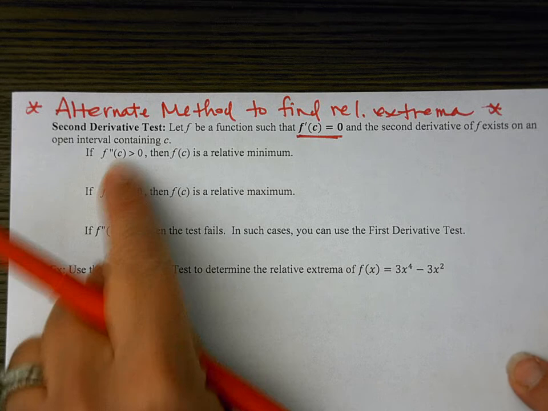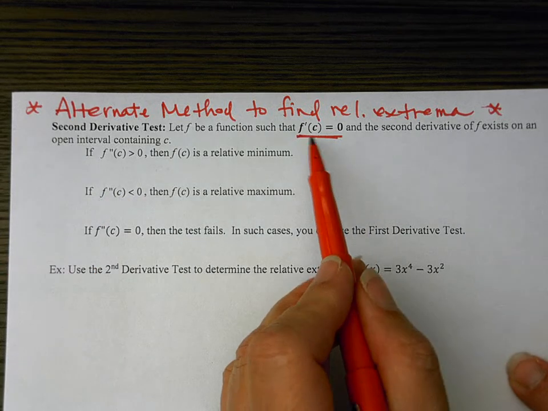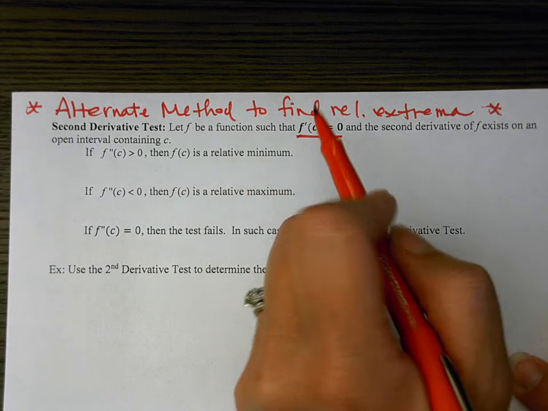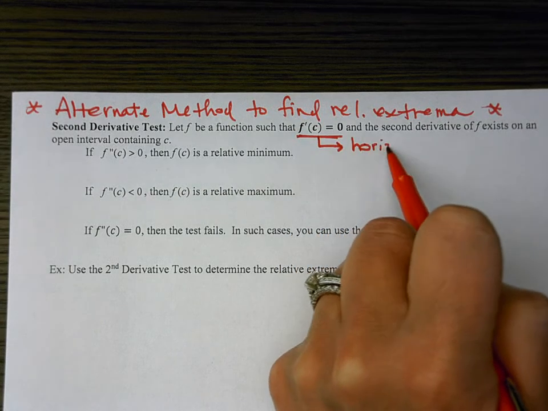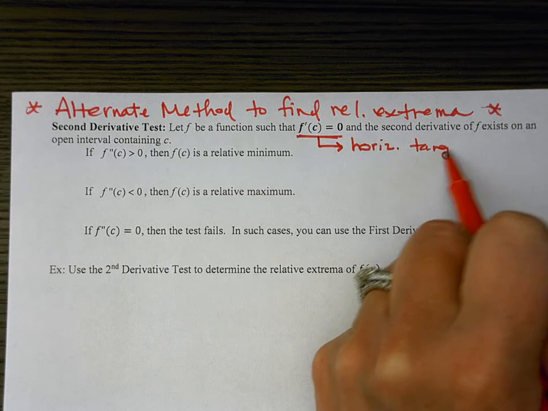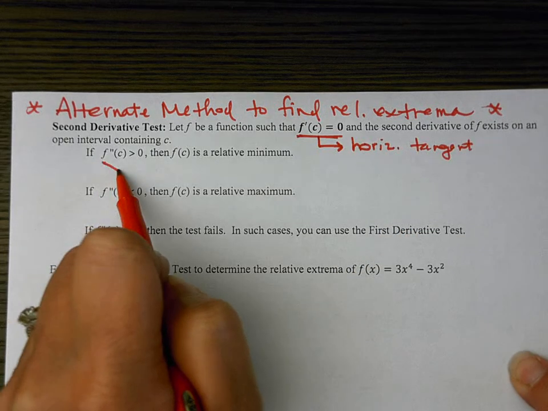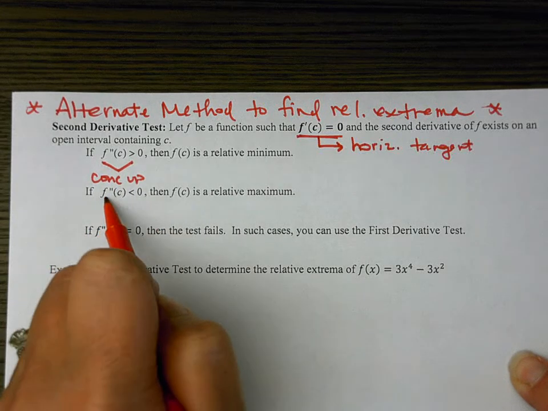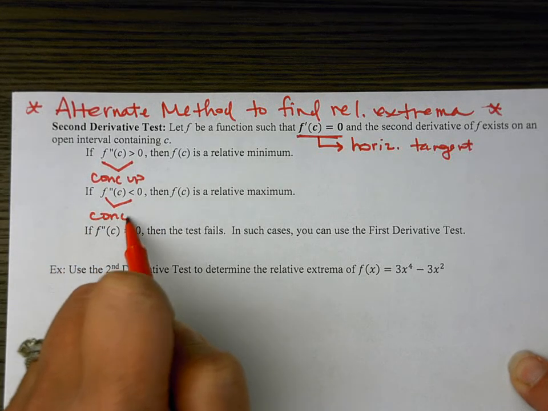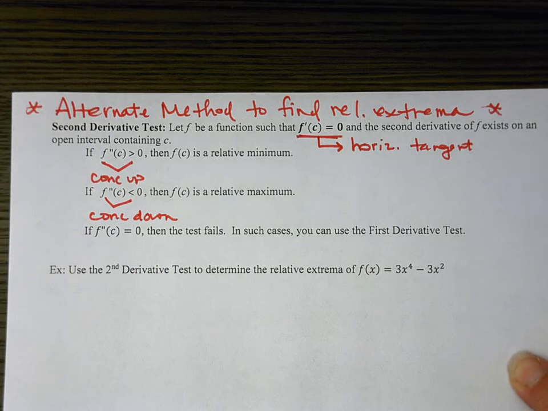So you want to know, is it resting on a section that is concave up, or is it resting on a section that's concave down? That's what you're checking for.